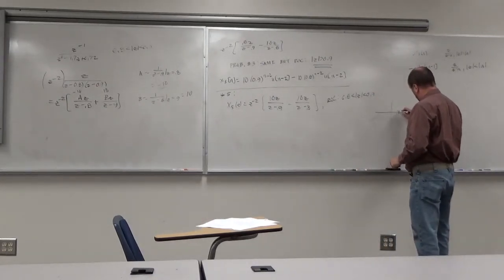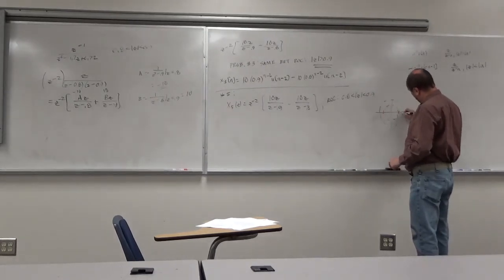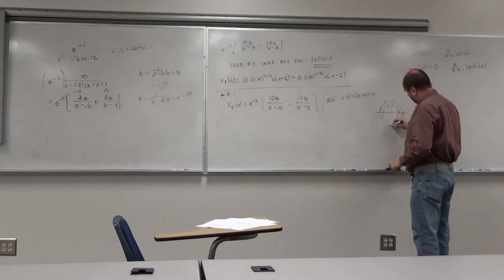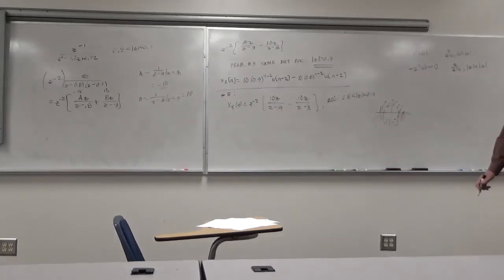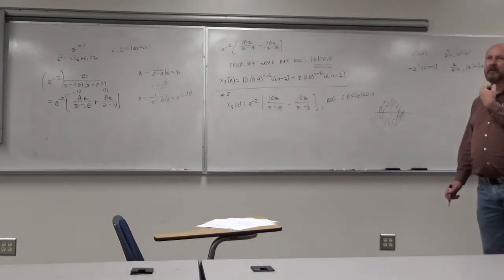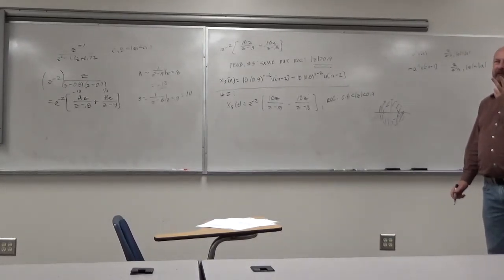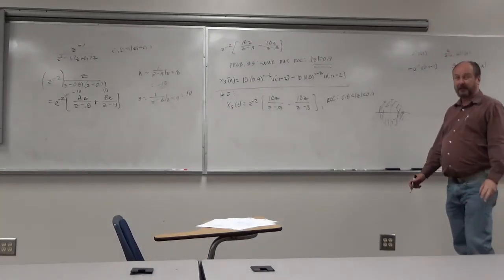Pole. This ROC is that donut. Okay. 0.8. Where's the ROC? You only get one of two words. Inside or outside? Outside.